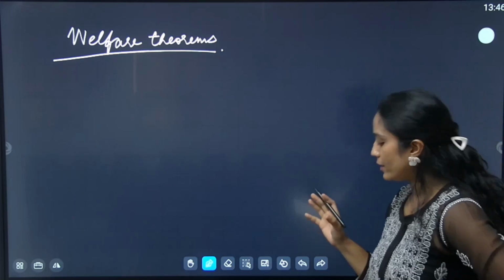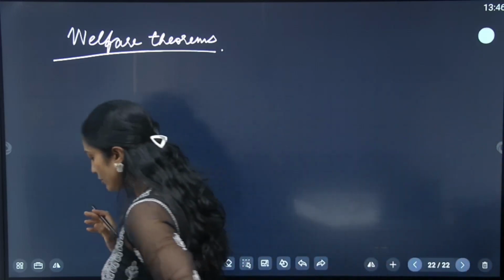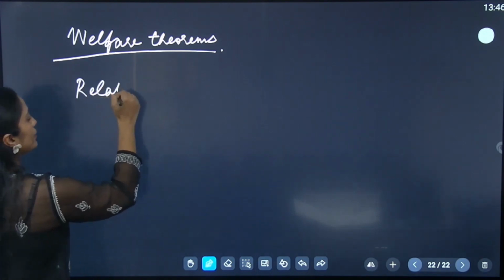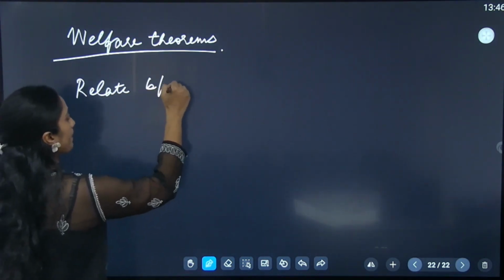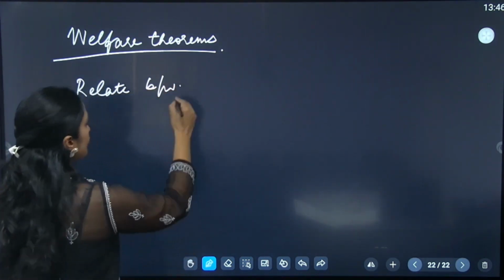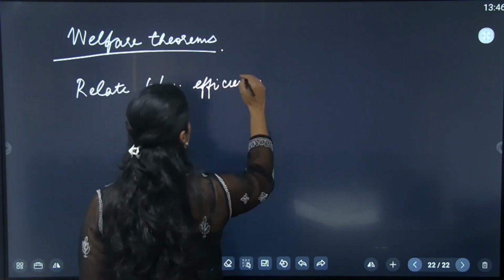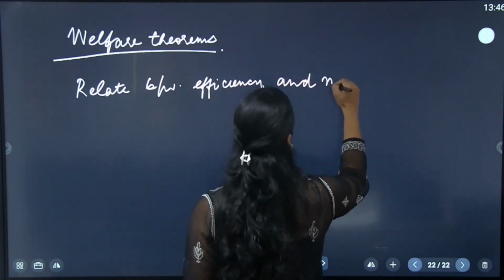The essential idea of the welfare theorems is that they talk about the relationship between efficiency and market mechanism.